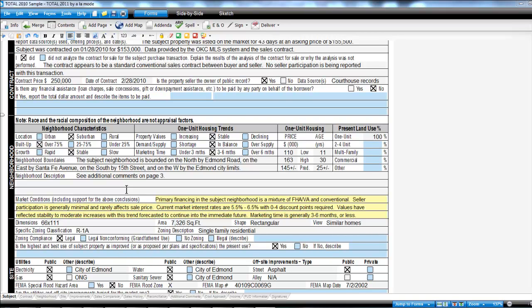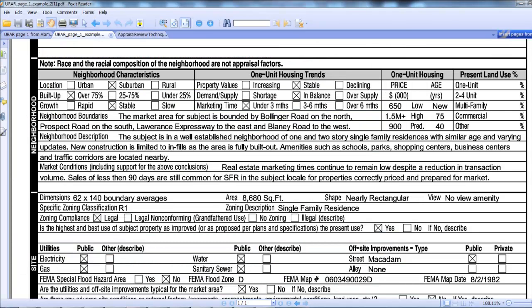Neighborhood boundaries here, they'll typically want to see north, south, east, west, or a triangular area bounded by some feature like freeways, rivers, city limits, that kind of thing. Neighborhood description, here you can see they push the comments back onto page 3, but you can see in the example reports that there's comments, and let's see if I can do this here.